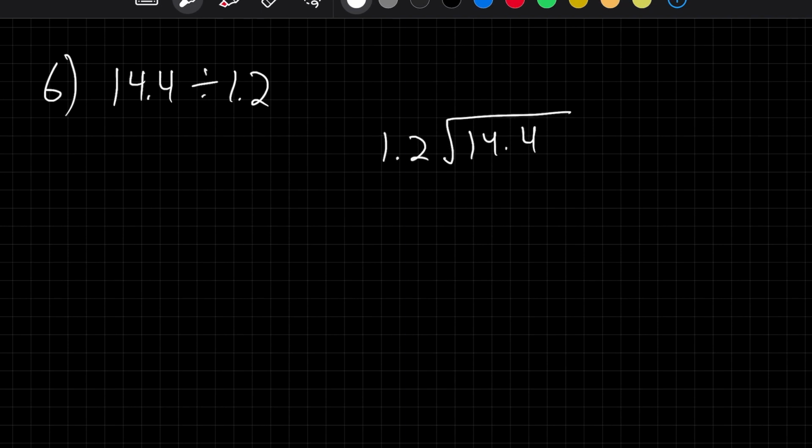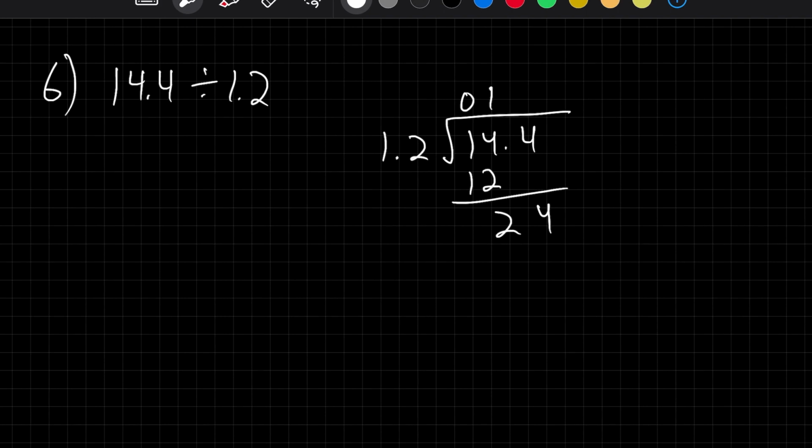Alright, so let's write this in a different way. Okay. So what's 12 into 1? 12 doesn't go into 1. Alright, what's 12 into 14? It goes into it 1 time.